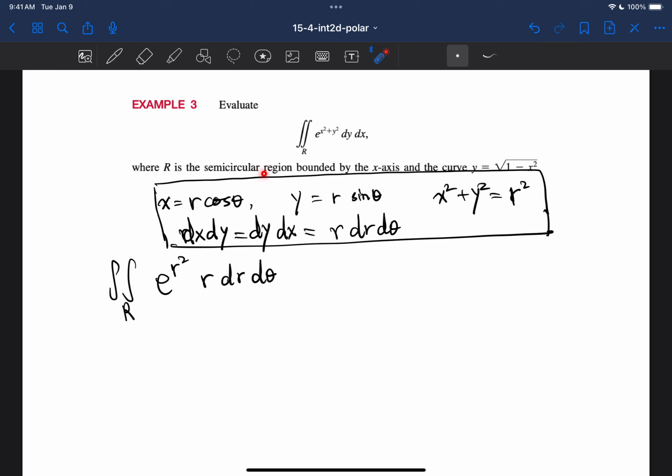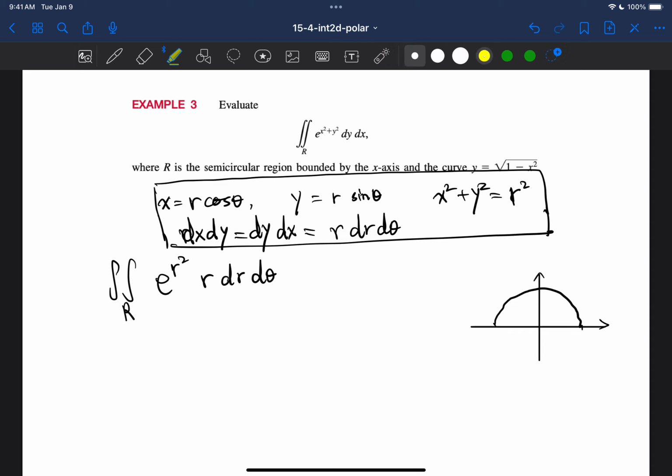R is a semicircular region bounded by the x-axis and the curve y equals square root of 1 minus x squared. So it is basically a semicircle, the upper half of a circle. Suppose the radius is 1, then you can draw a circle from here. This is the equation y equals square root of 1 minus x squared, bounded by the x-axis.